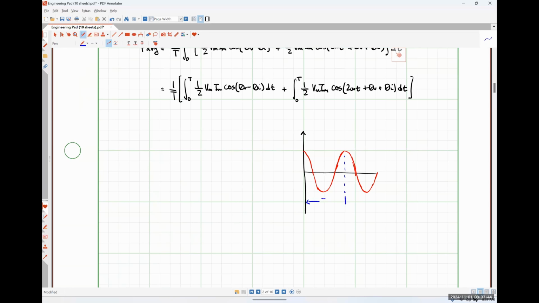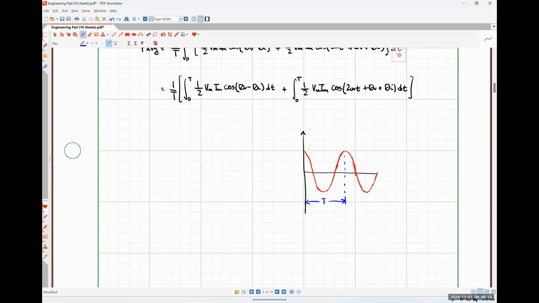Looking at this representative graph, this right here represents the amount of time it takes for this signal to repeat itself. That is 1 period. It started at its maximum value and it's ending at its maximum value. If I were to take the integral of this waveform over 1 period, what would I get? 0.